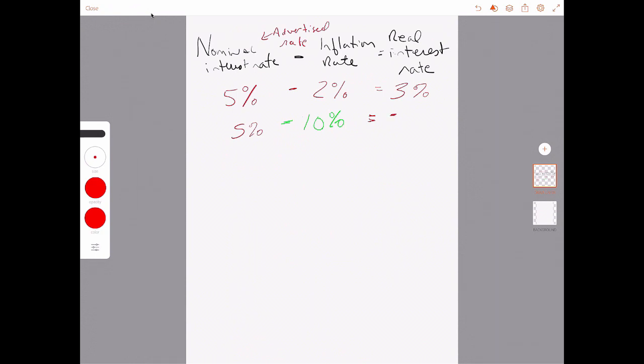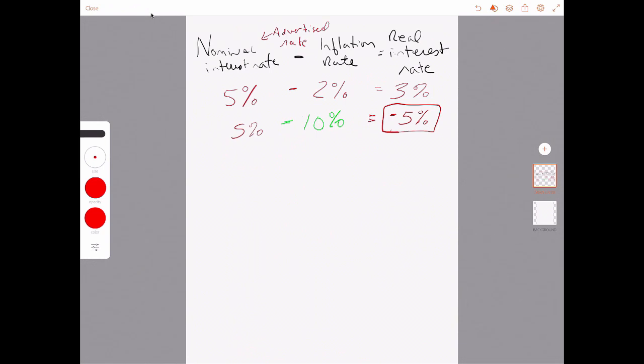When you repay, the money is actually worth less than when you borrowed it. That's what that negative sign means. So 5% minus unexpectedly high inflation of 10% leads to a real interest rate of minus 5%. So that means the money you repay is worth less. And that's bad for the banks. That's bad for the lender. It's good for the borrower.